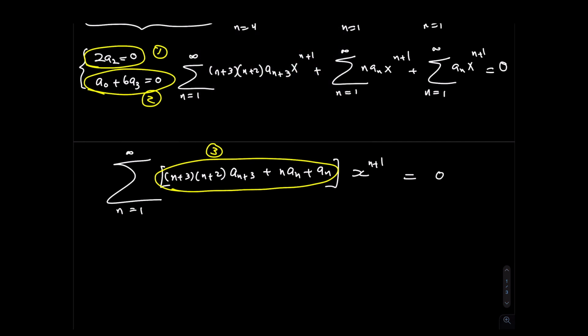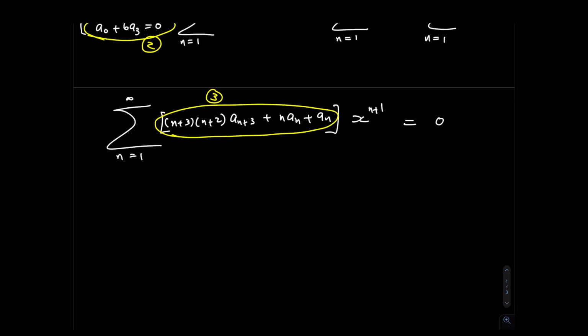Okay, so now I need to take my third condition and set it equal to 0. So I have (n plus 3)(n plus 2) a_(n+3), plus, and if you look at the a_n's, a constant, so I could just write (n plus 1) a_n equal to 0.